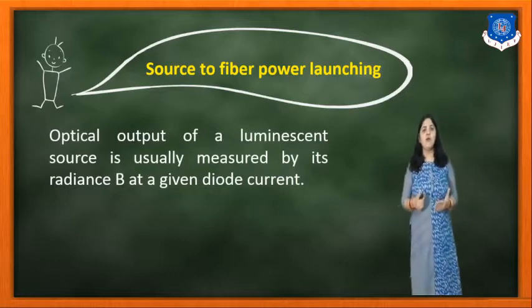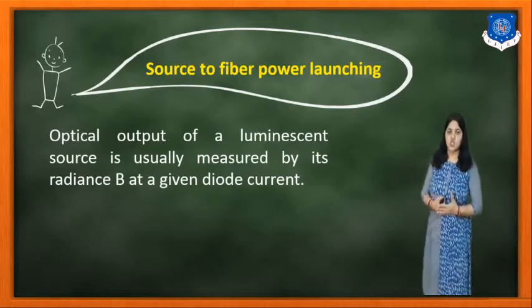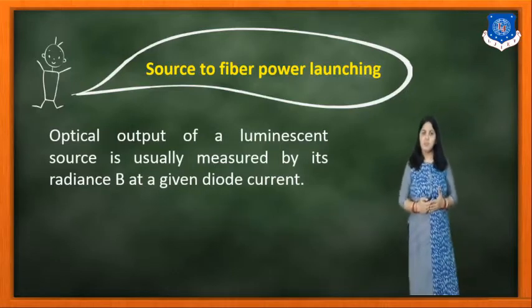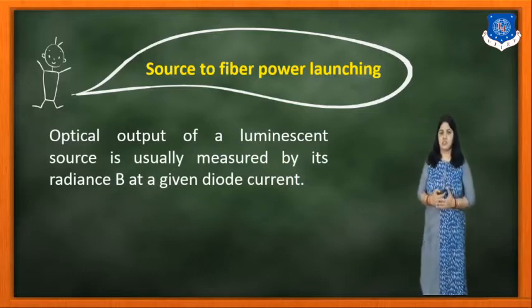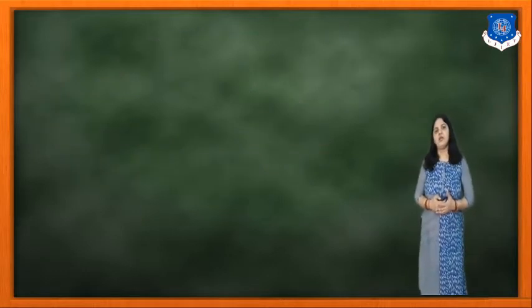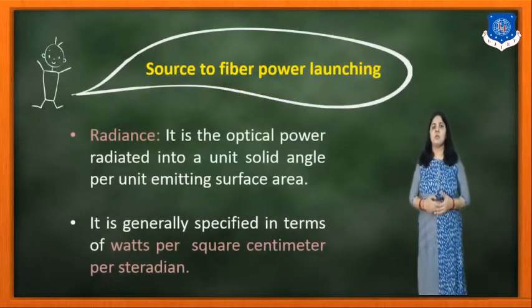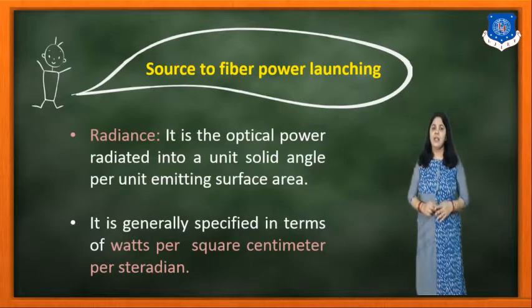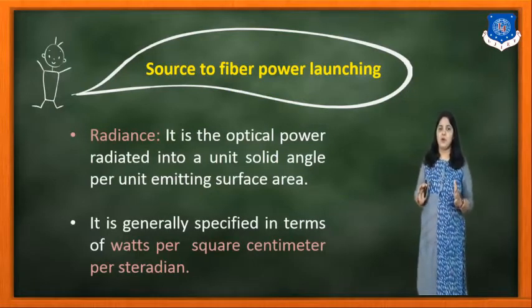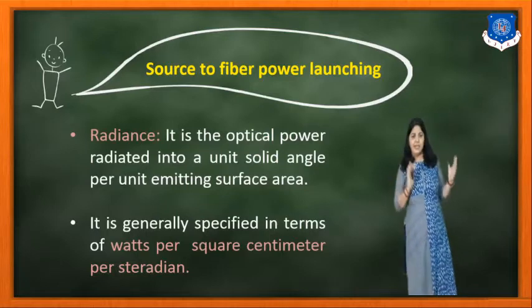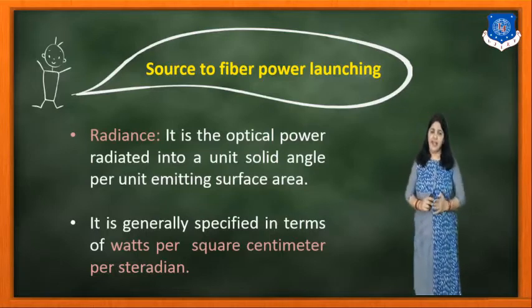The optical output of a luminescent source is usually measured by its radiance B at a given diode current. So what is the radiance? It is the optical power radiated into a unit solid angle per unit emitting surface area.